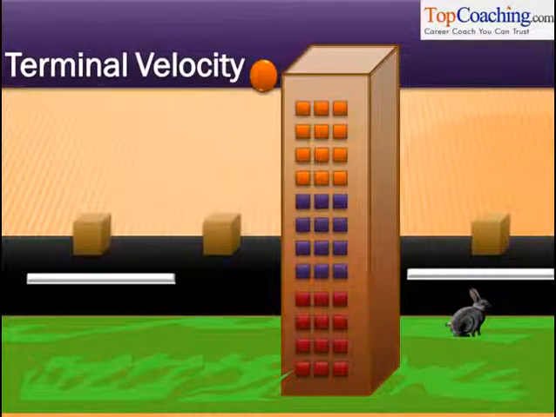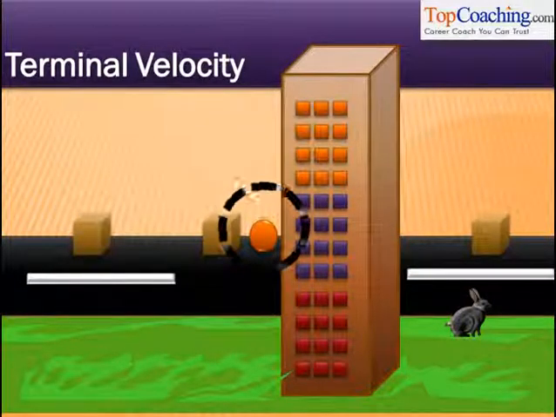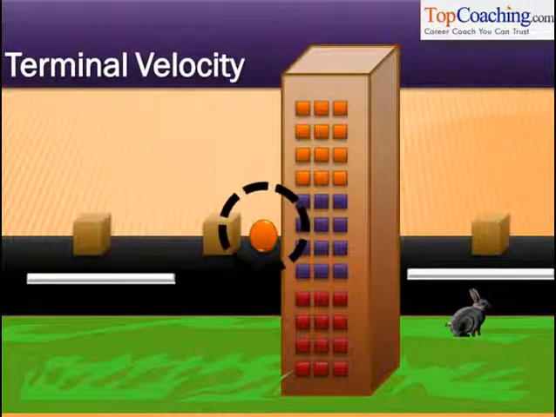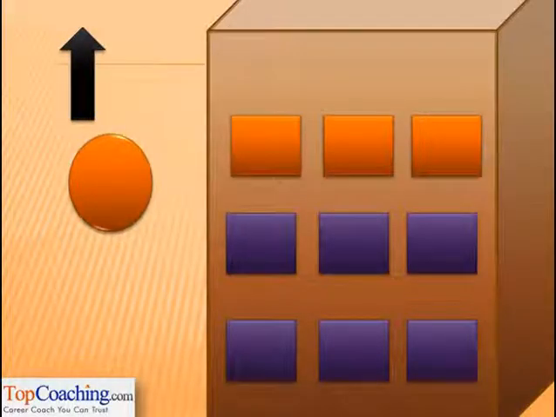Let us say we have this building here, and we are throwing this ball from the top of the building to the ground. Something like this. In this case, if you look at the ball closely as it is falling on the ground, you will notice something interesting. Look at the forces acting on this ball. The buoyant force, because of its motion through the air, acts on the ball, isn't it?